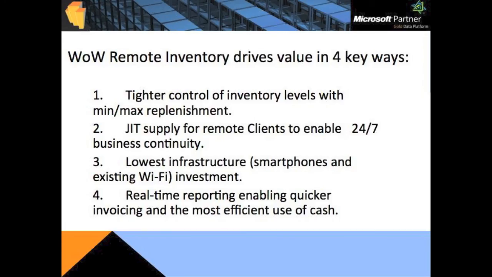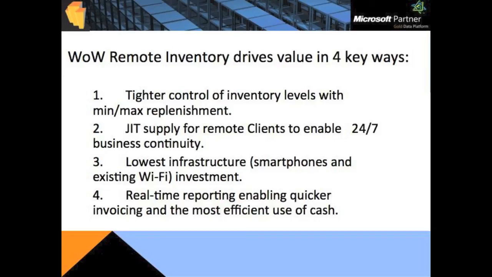So the WithoutWire remote inventory solution brings new value in 4 key ways. You always have visibility to those remote inventories, and you have min-max replenishment levels set by item, which generate automated replenishments. This leads to efficient, just-in-time inventory at your remote sites, which allows business continuity with no service interruptions.